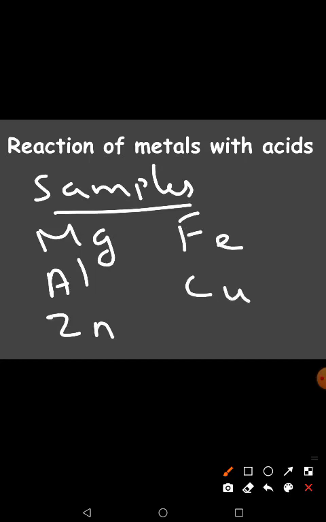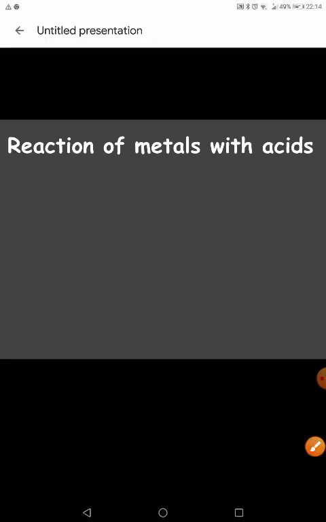These 5 metal samples you have to take, leaving your sodium and potassium. This has to be taken in separate test tubes. Suppose these metals are tarnished, you can rub and clean them with sandpaper. Now you have to take these metal samples in 5 test tubes.